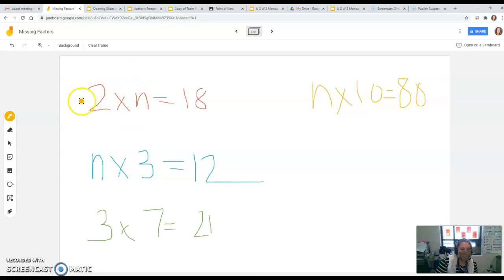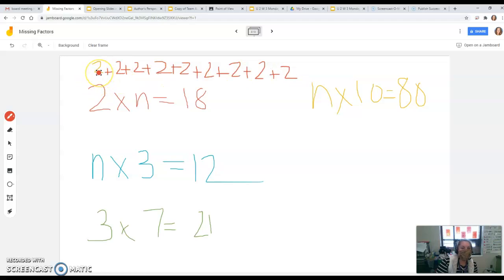So if I wanted to figure out 2 times what would give me 18, I can skip count again by 2s. 2, 4, 6, 8, 10, 12, 14, 16, 18.